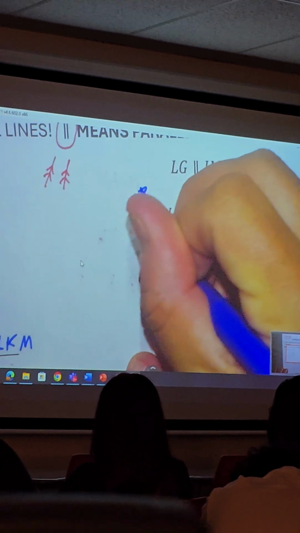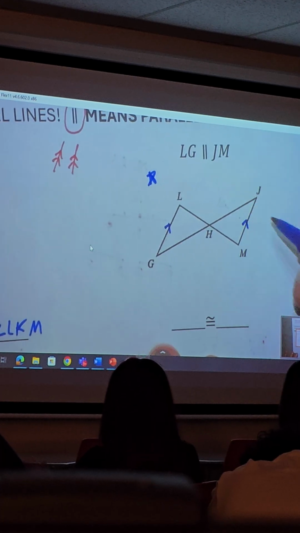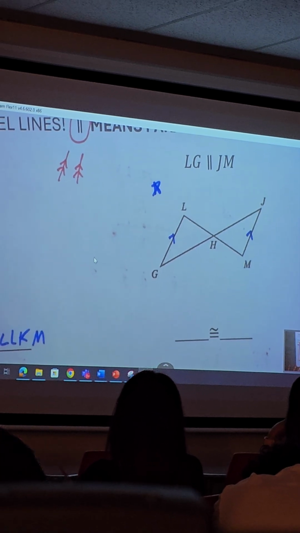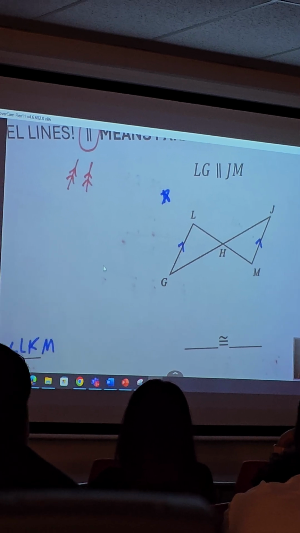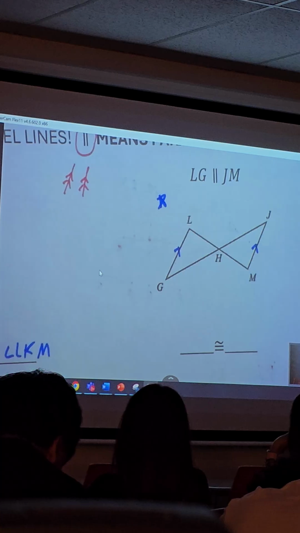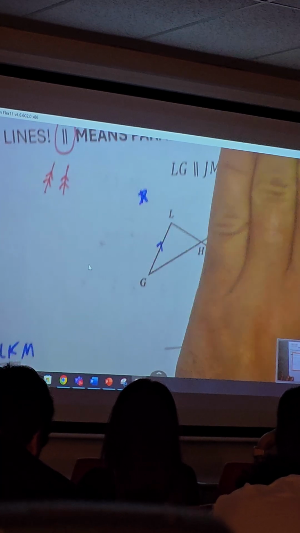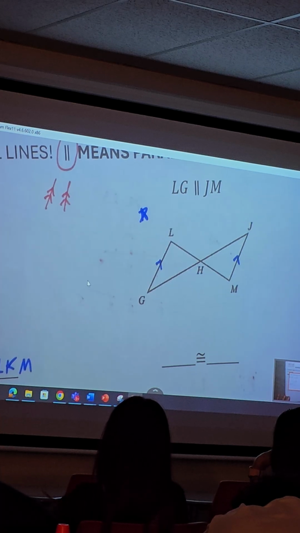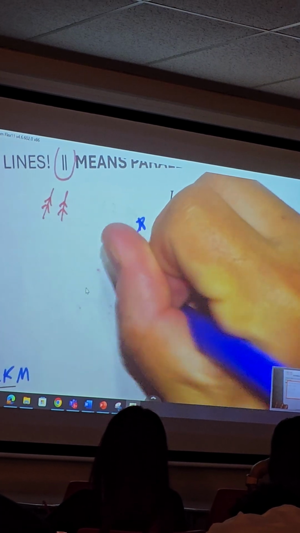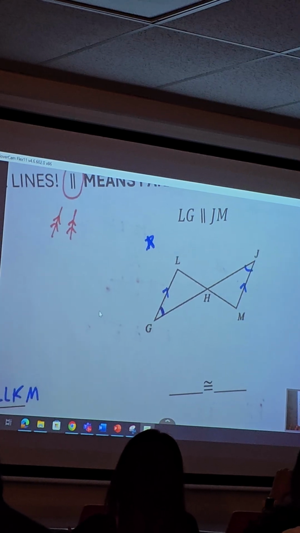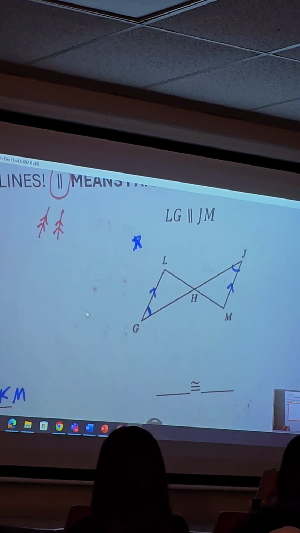So what two angles do you think are going to be congruent? Let's pick a letter over here. Do you want to use L, G, or H? G. Okay, we'll use G. What is G going to match with? J. G and J. That's it.